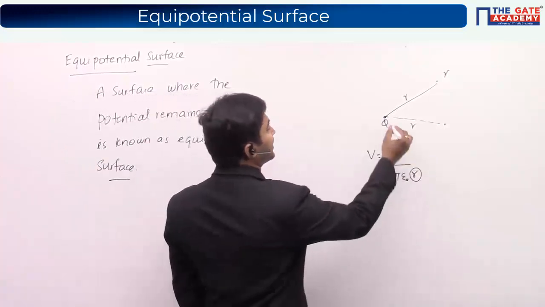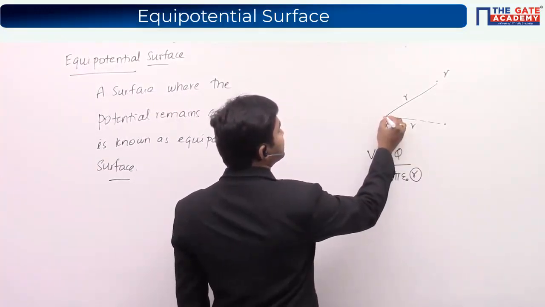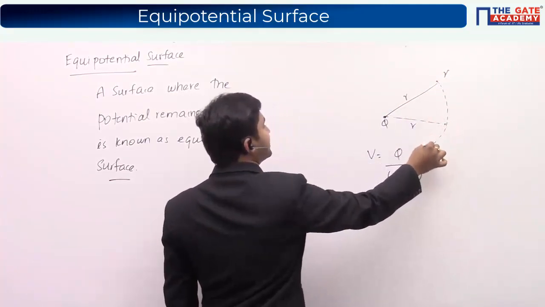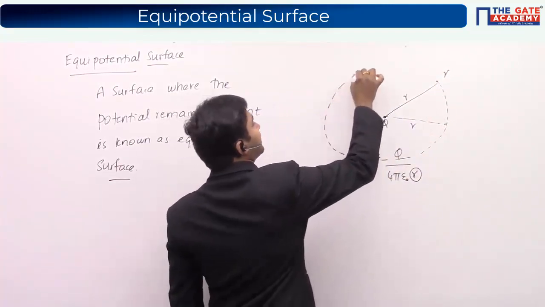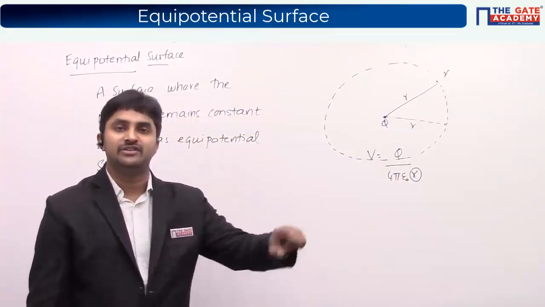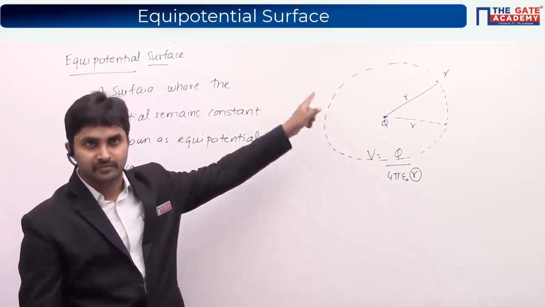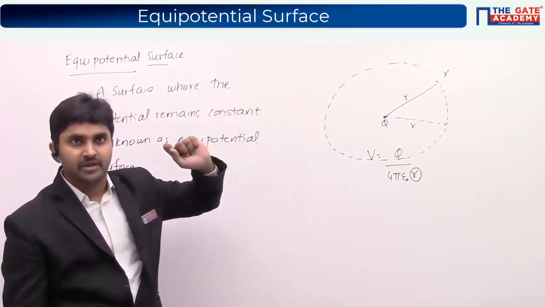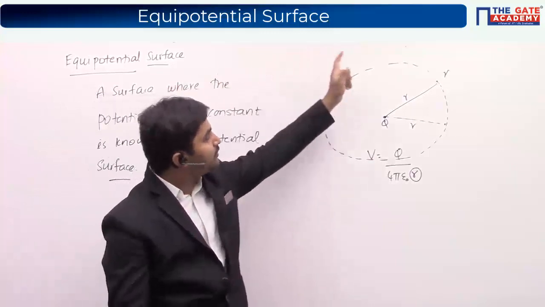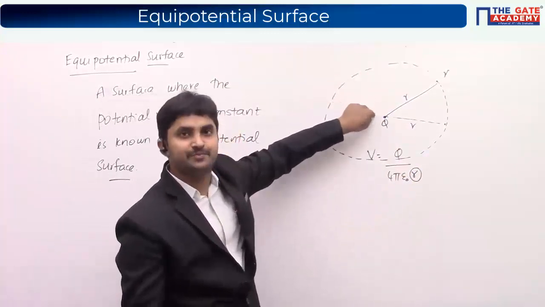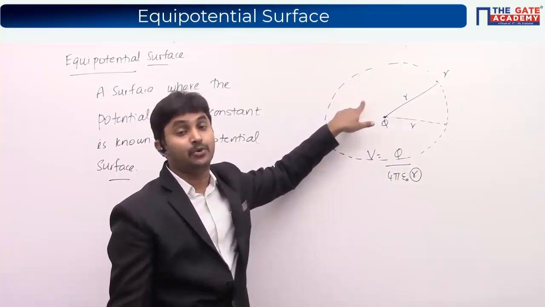So if I consider this as the center, any point present on the radius of r is going to have constant potential, yes or no? If I consider any point at a distance of r from this source, it will have constant potential.